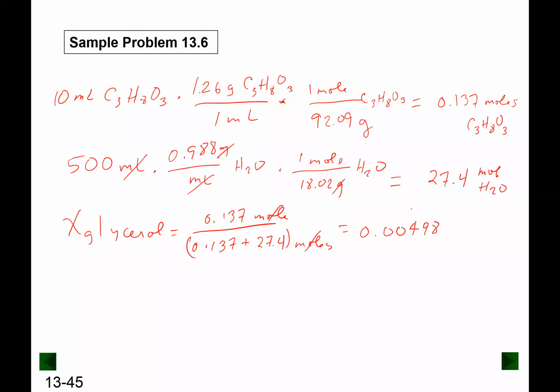And then we can solve for our delta P for our water. It's going to equal 0.00498 times our 92.5 torr, and that will equal 0.461 torr.